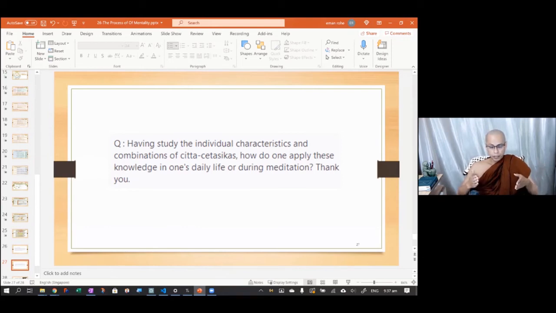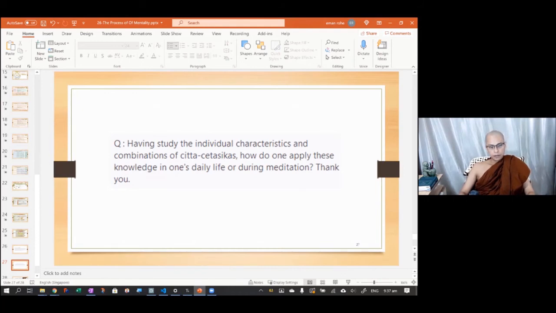Even this understanding is very useful. We know that my mind is full of unwholesome, or my mind is full of wholesome. Then if we want to change unwholesome to wholesome, we need to find the way to eliminate the unwholesome nature in ourselves.